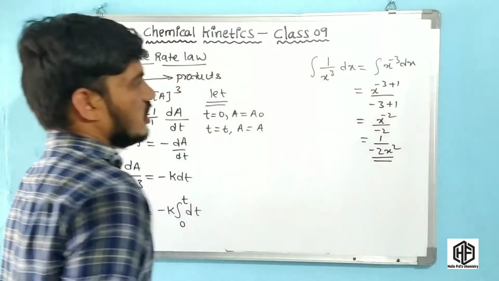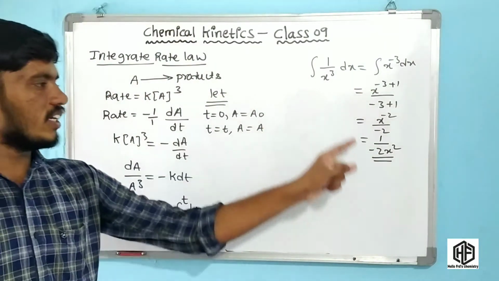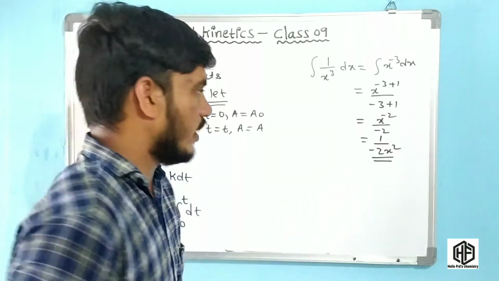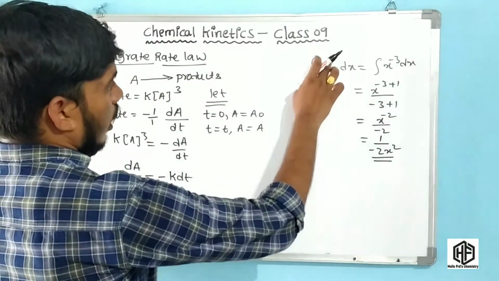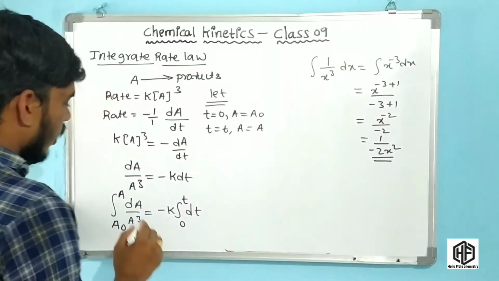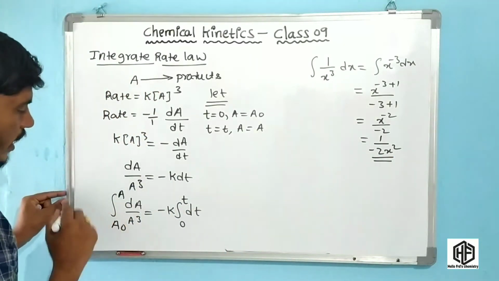This is simple mathematics of integration: integration of 1 by x cube dx is 1 by minus 2x square.